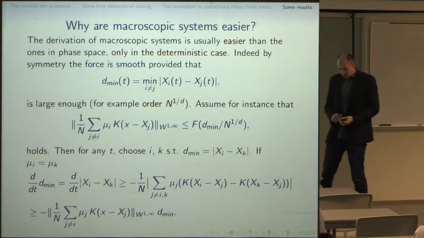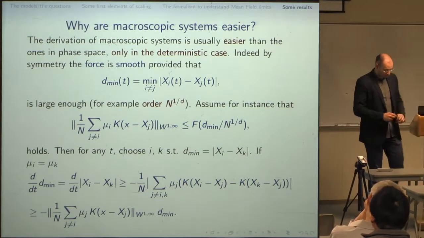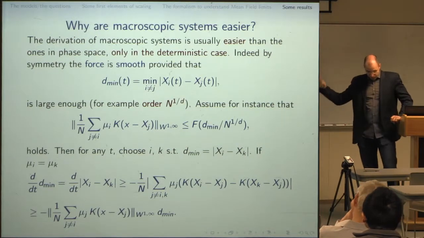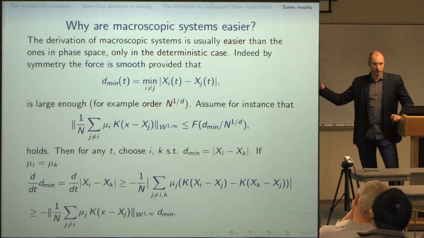Now, let me go to another discussion. So in the phase space case, the result I've just shown you has essentially remained the best result till very recently. And when I'm saying it's the best result, it means we have a recent paper that does better than that, but it's the only paper.